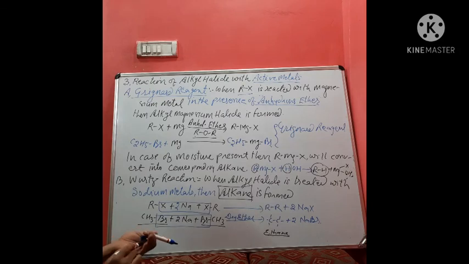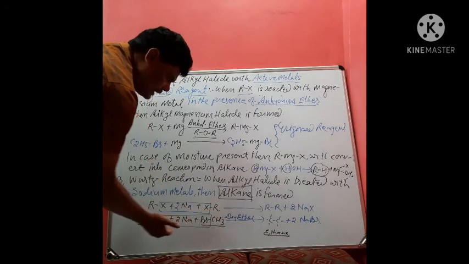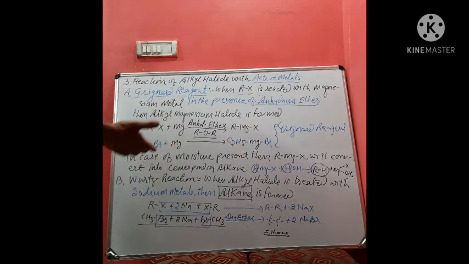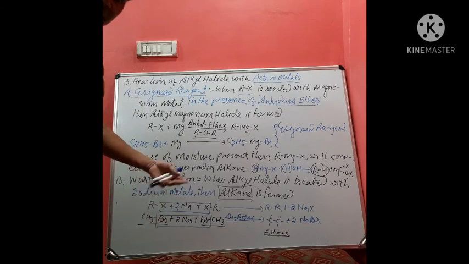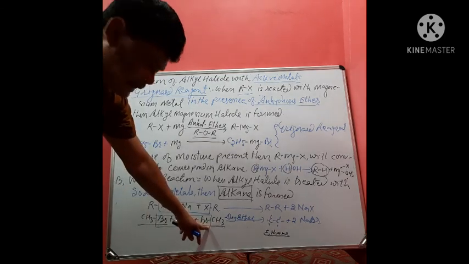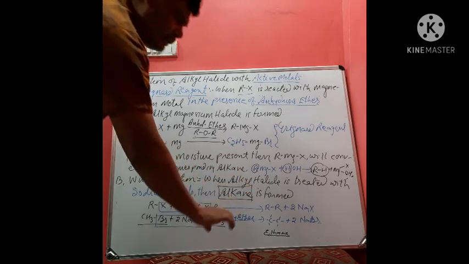Now, why does it happen? One question: what will happen if 2 different alkyl radicals are used? Students, this is a free radical reaction. Therefore, we are using similar alkyl halide. We have not to use dissimilar. One more limitation is there.